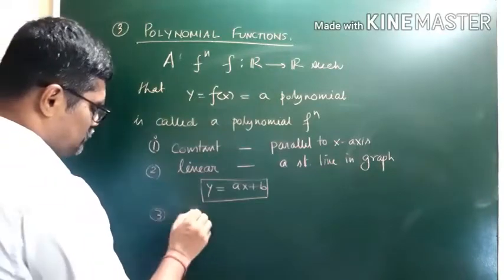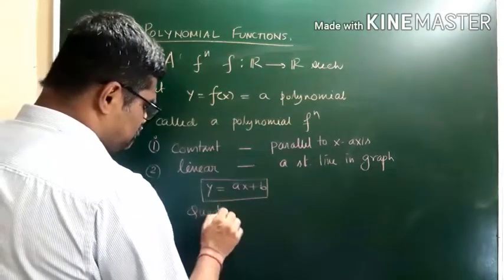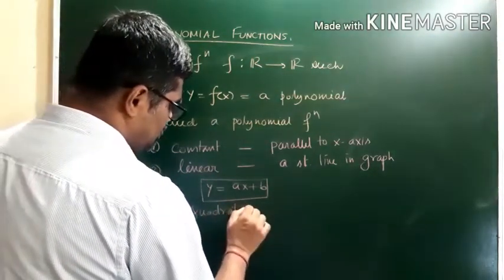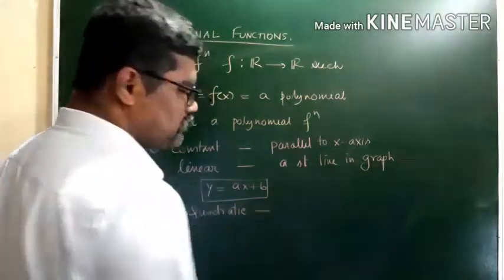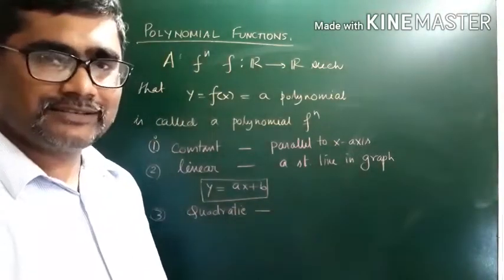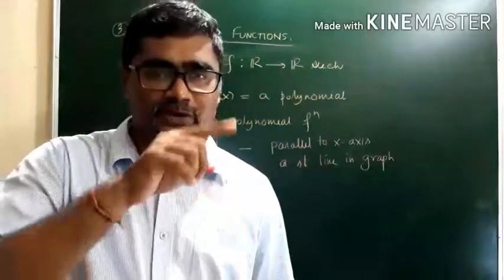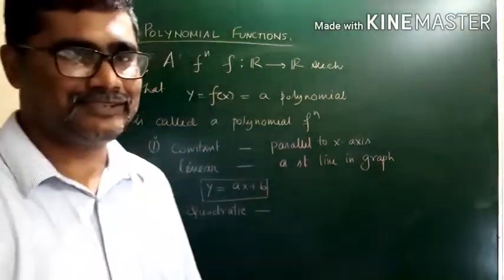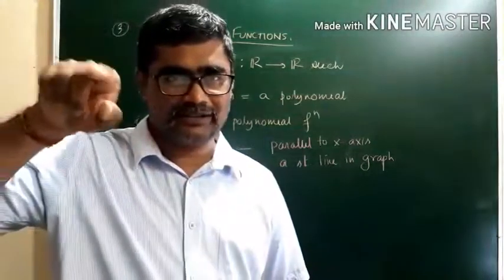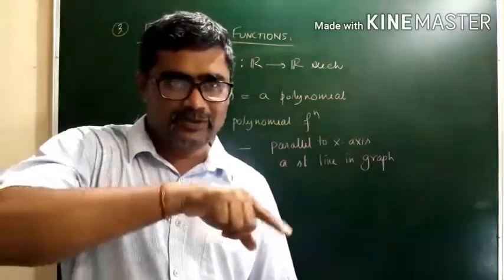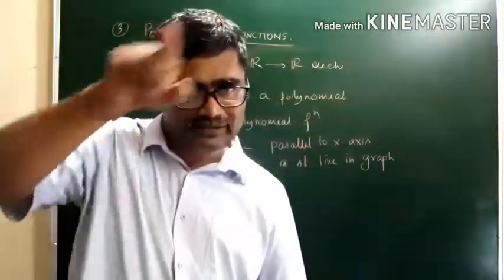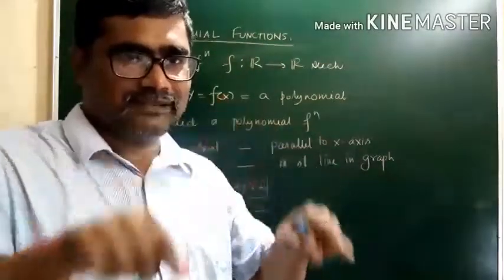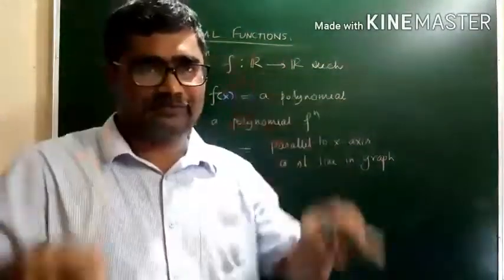Then you come to quadratic polynomial. Quadratic means degree 2. If you recall your class 10, you have already drawn the graph of a quadratic polynomial, right? So it is a parabola, either like a U type or like the umbrella type.